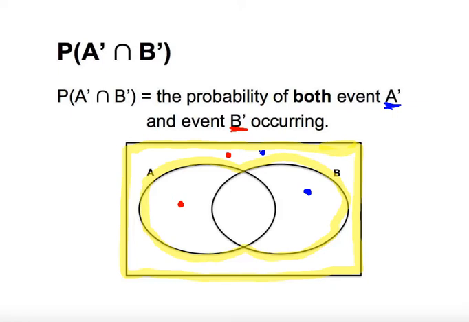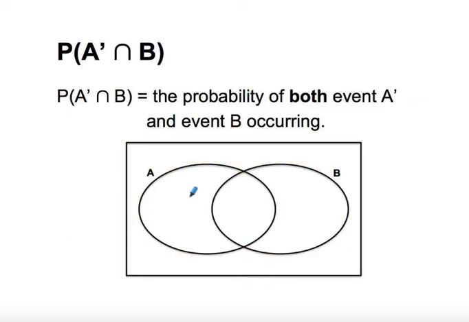So let's have a look at something slightly different. This time I've got the probability of A complement intersect B complement. So let's work in a similar way. Let's use red to represent A. A complement is still the two regions outside of A. If I use blue now, the event B occurring, these are the two regions inside B. Where is the intersect?